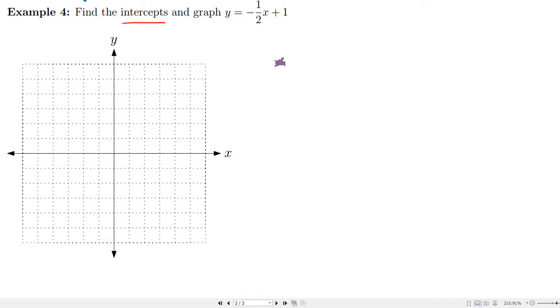The x intercept is where the equation meets the x-axis, right? In other words, it intercepts the x-axis.